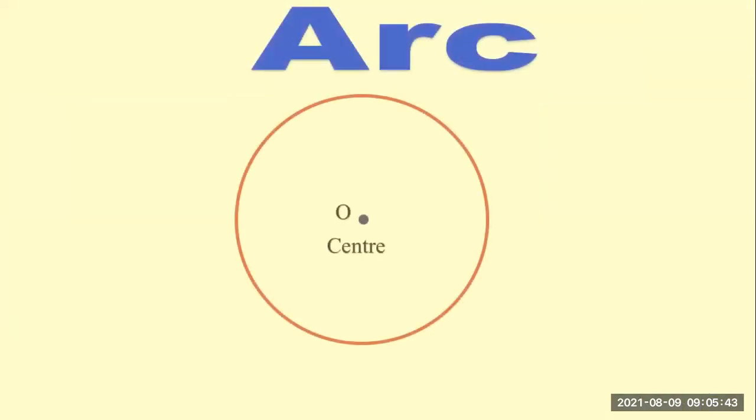Okay. And now let's begin with a new concept, arc. What is the meaning of arc? If you imagine a bangle, and the bangle is broken into pieces, each piece represents an arc, okay? So here, if you see the 2 points K and L, the distance between the points K, L, N is an arc.